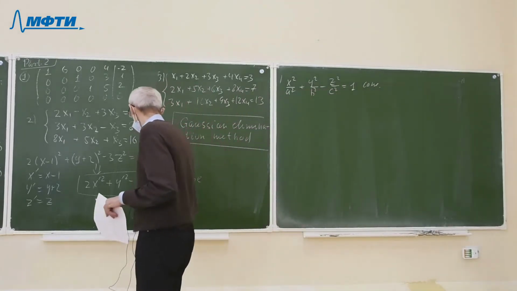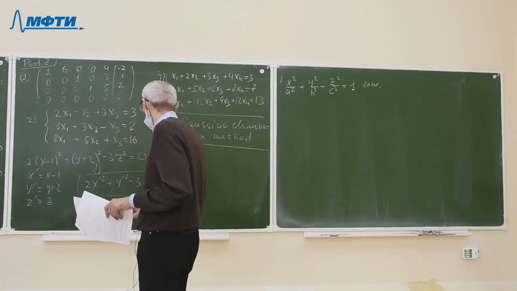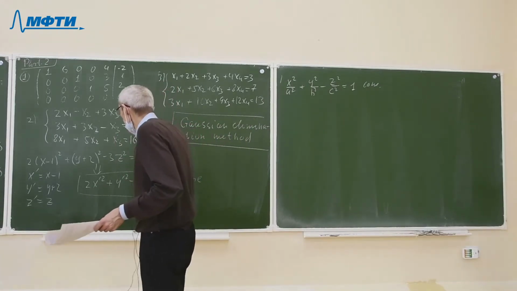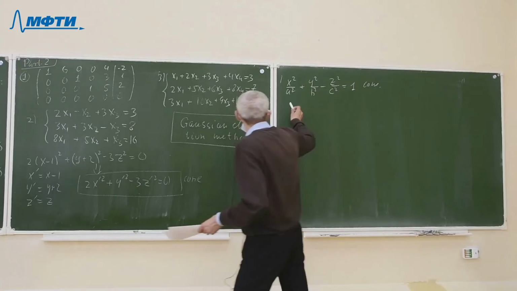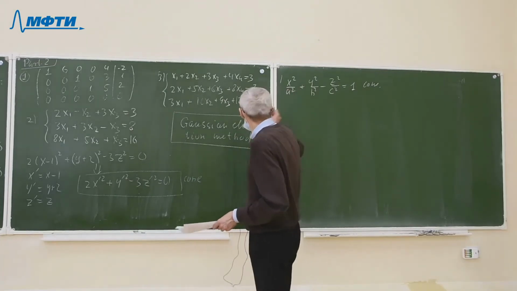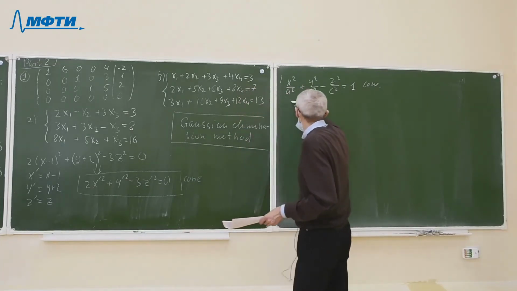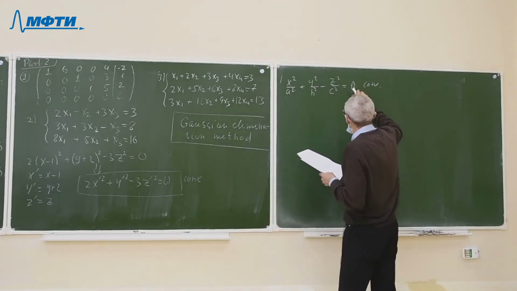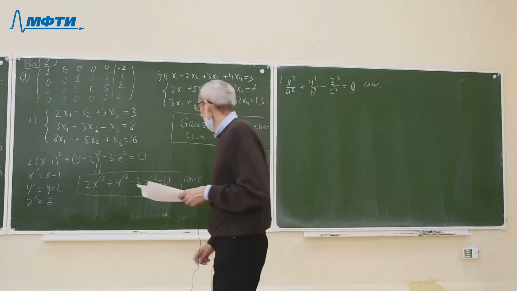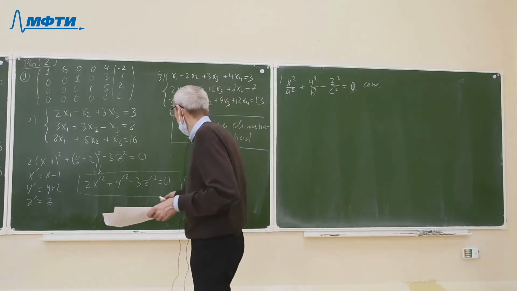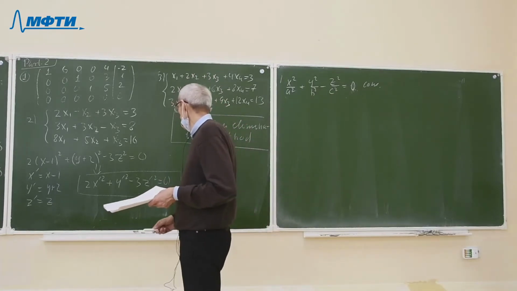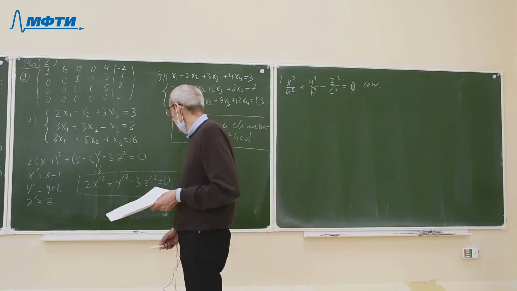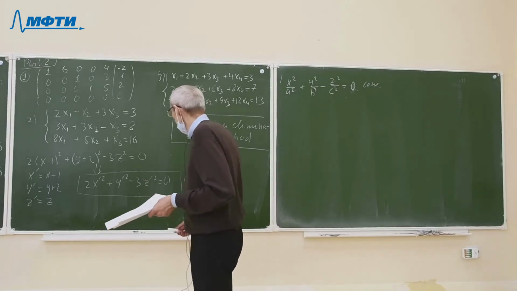How do we reduce this form to that one? We can divide or multiply the equation by arbitrary non-zero numbers.